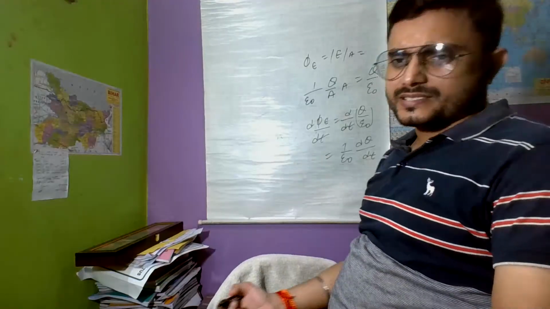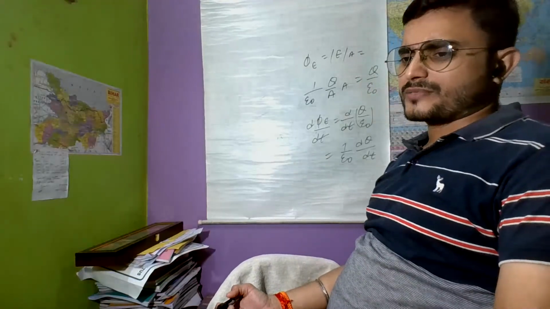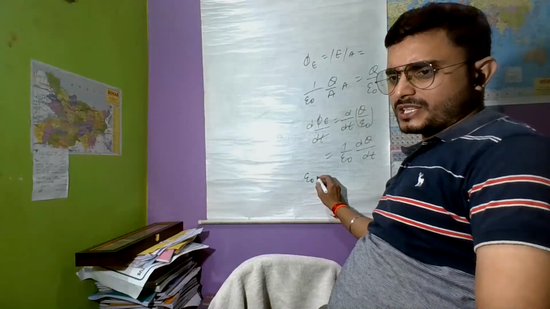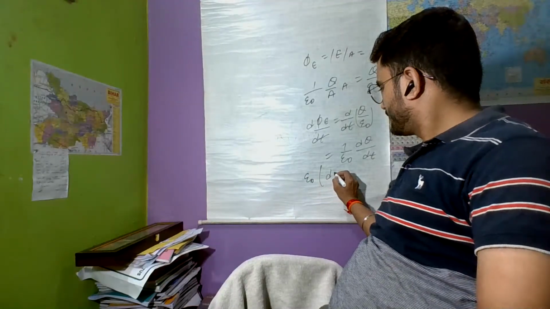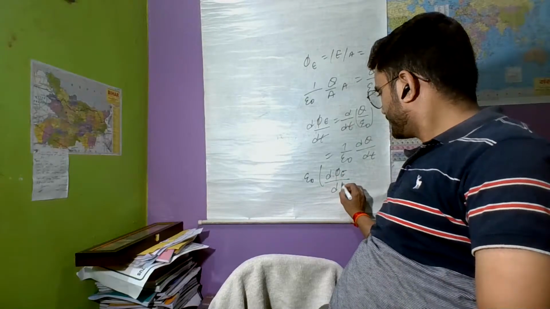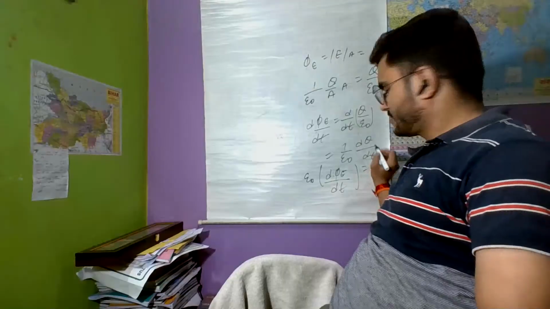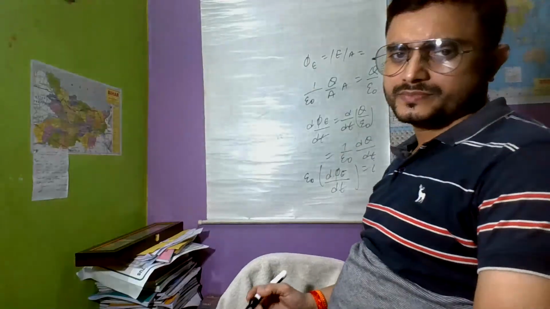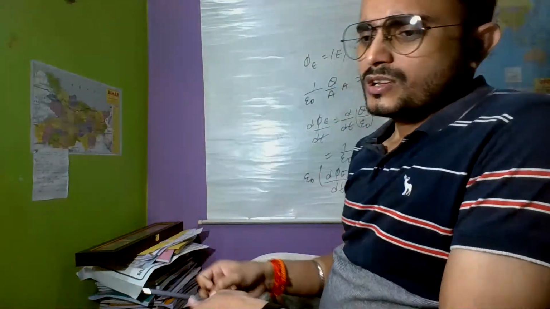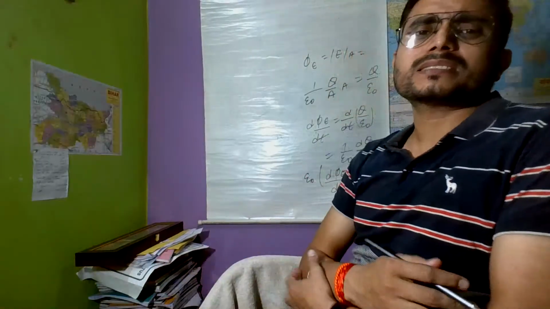So this implies that for consistency, epsilon naught, got it. So this is the missing term in Ampere's circuital law.